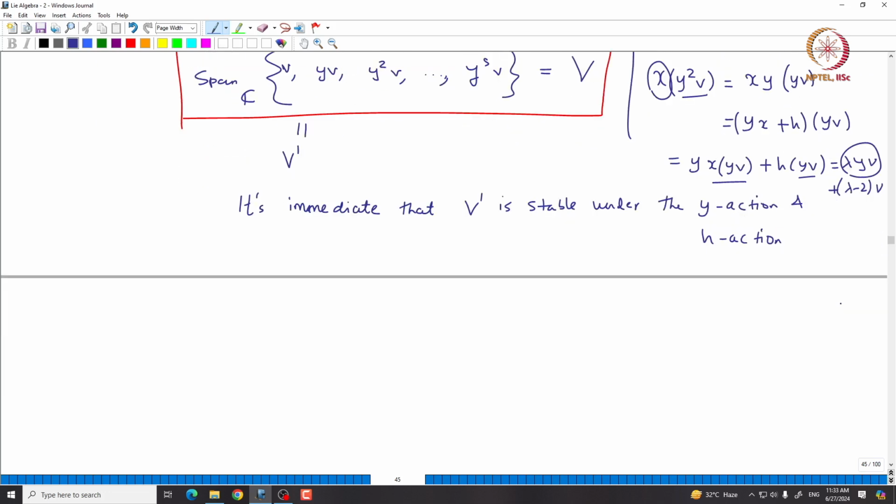So, indeed we can make the general claim that if you take x acting on y^k v, then this is going to lie inside the span of all these lower powers.